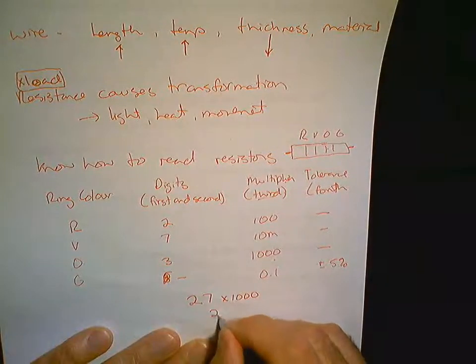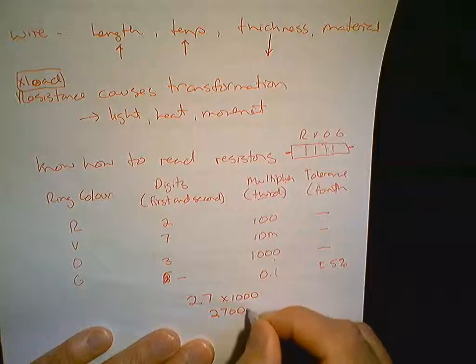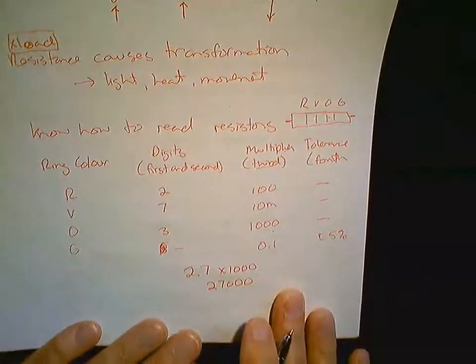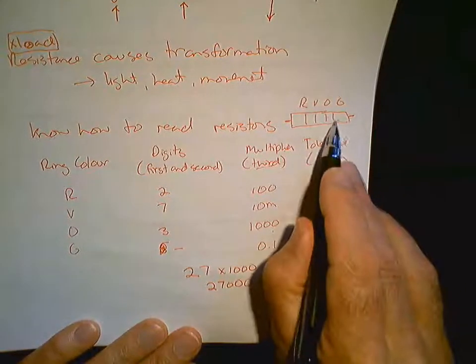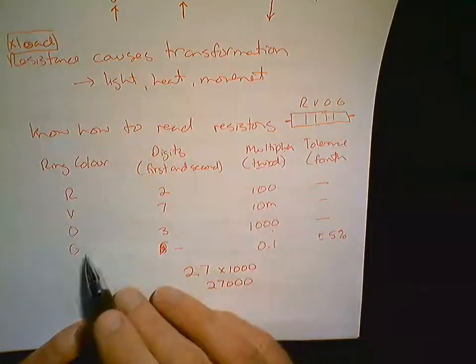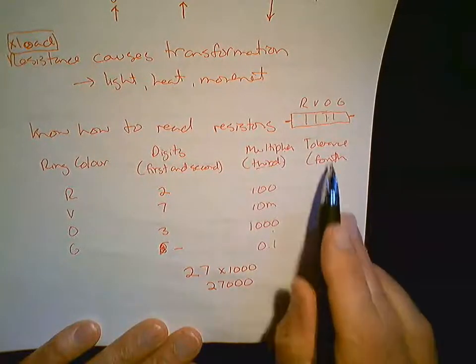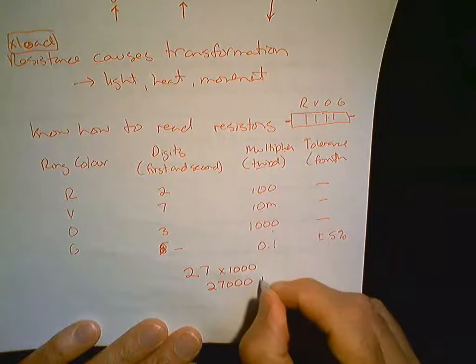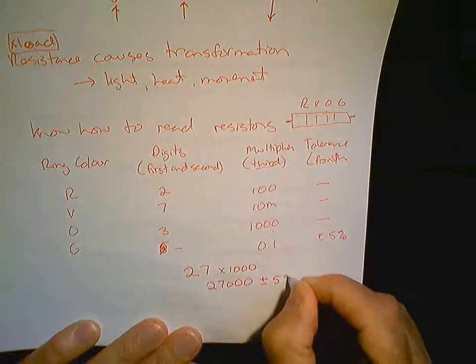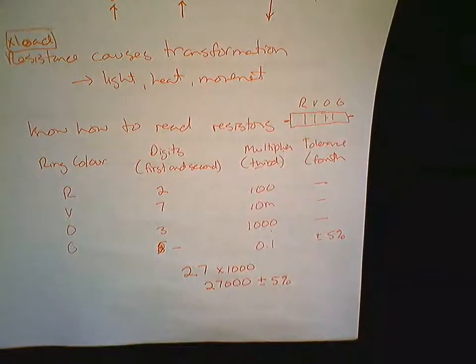So we are now up to 27,000 ohms for our resistance. Our fourth one is gold, in the fourth column. This is our tolerance, which means how accurate we are. It's plus or minus 5% of 27,000.